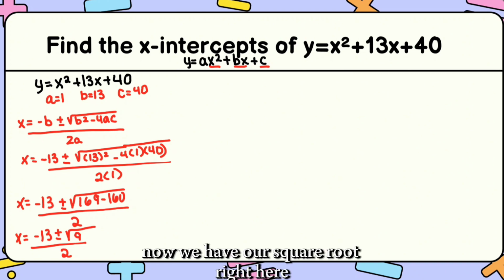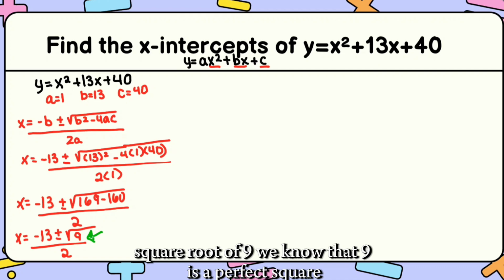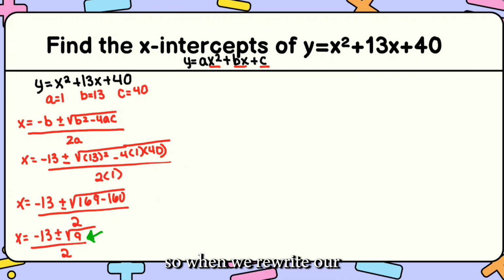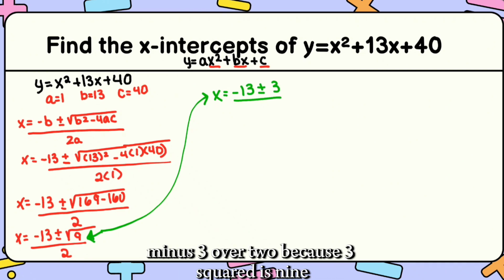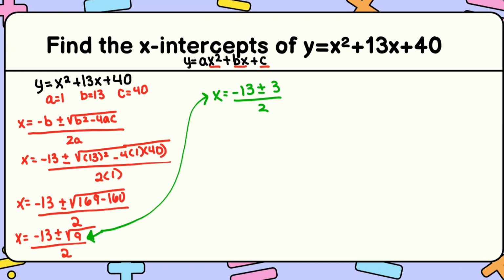We know that 9 is a perfect square. So when we rewrite our formula, it's going to be x equals negative 13 plus or minus 3 over 2, because 3 squared is 9.